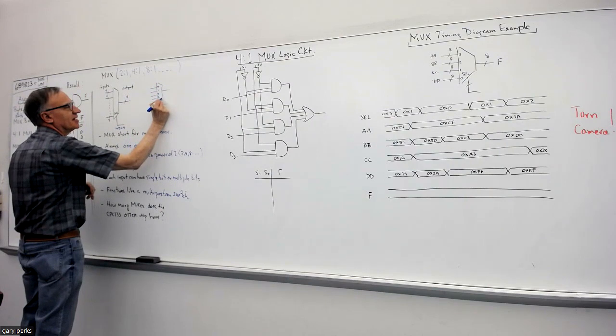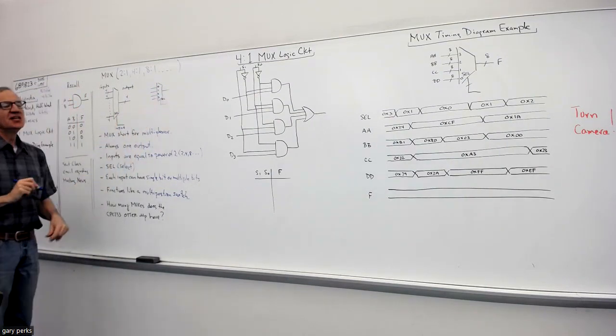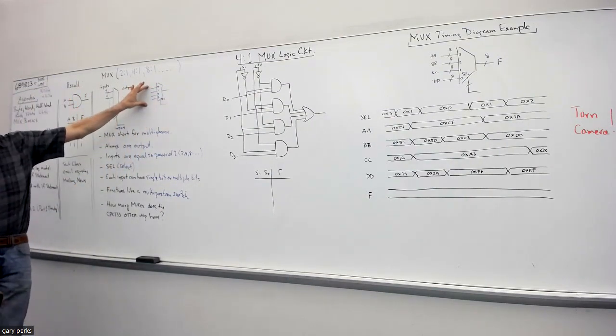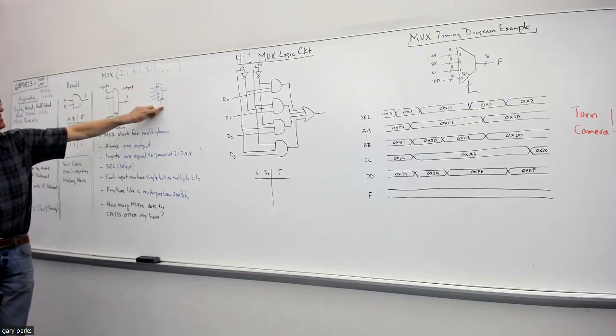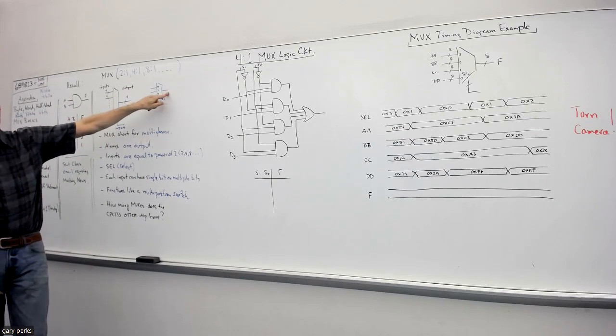And again, this is the select. This is a 4-to-1 MUX, so the select input is choosing which one of these four inputs is connected to the output.